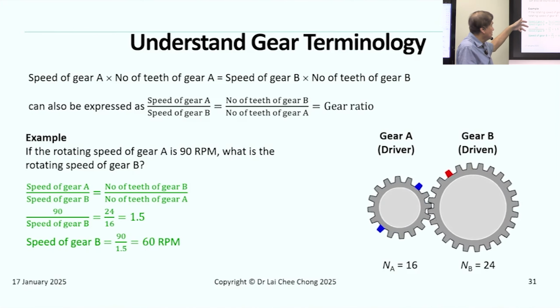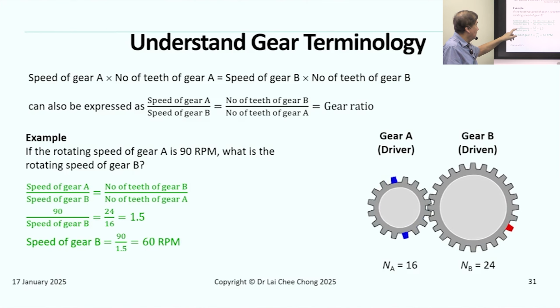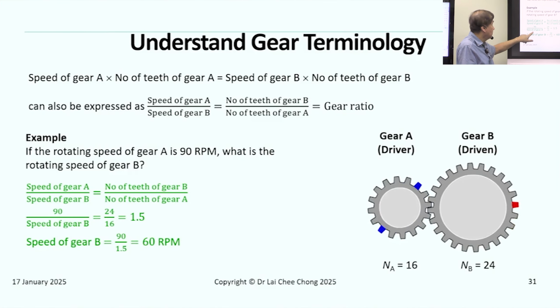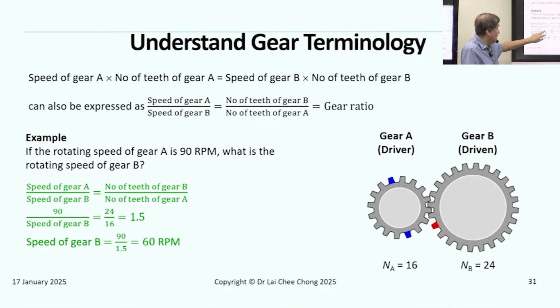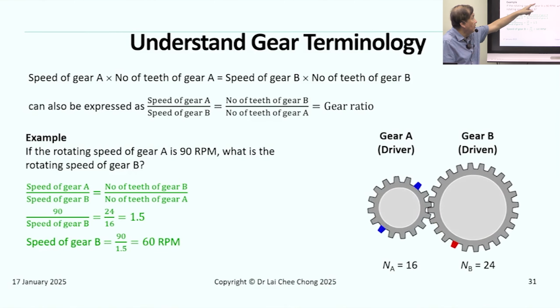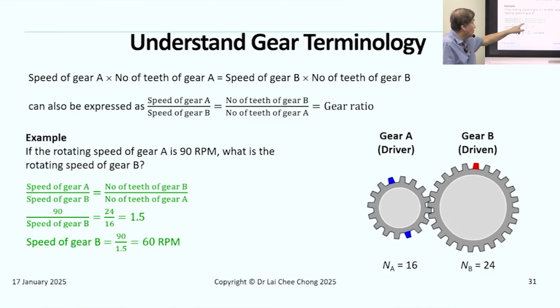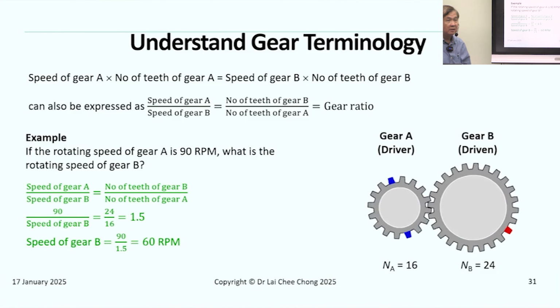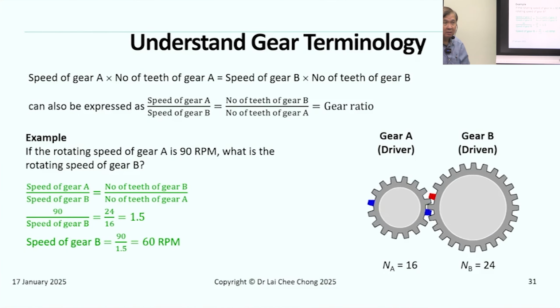We simply use this formula. We know that the speed of gear A is 90. We want to find the speed of gear B. It's equal to the gear ratio, the number of teeth of gear A over the number of teeth of gear B, and we found already that it is 1.5. You multiply and you get it very easily. It's a very straightforward calculation.